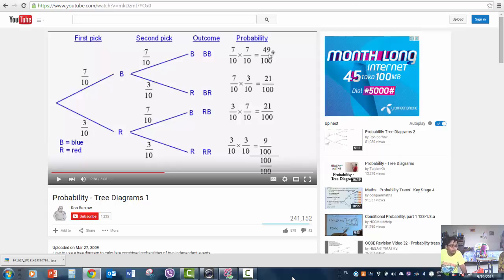You're more likely to pick up a blue ball than a red one. Yes, because this probability is being calculated out of 100. So if you add all of them, you will see that all of these percentages will add up to 100%.